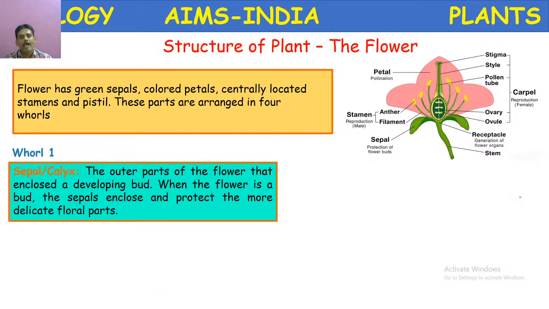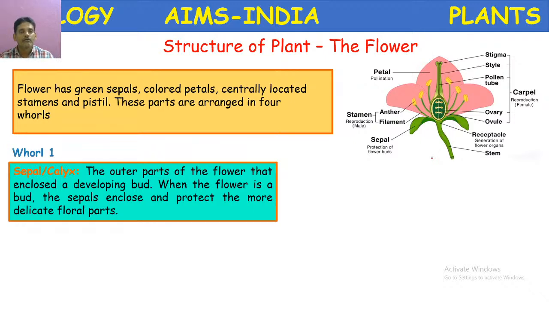We can define a flower as the reproductive shoot of a plant. Simple. In your own sentences you can define what a flower is. If anybody asks, the reproductive part of a plant is called a flower, or reproductive shoot we can call it, because it is a part of the stem.